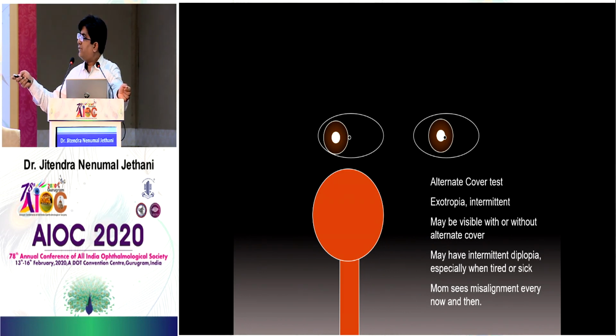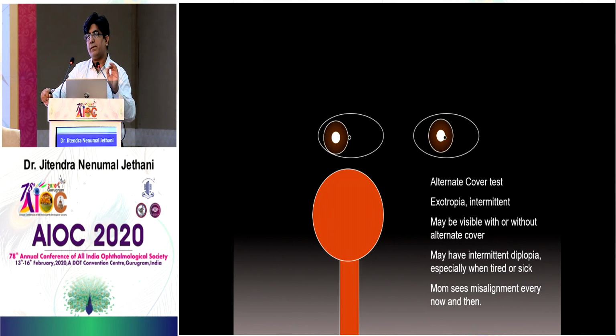The second indication of the alternate cover test is when you want to measure the deviation. Why? Because you want to find out the total amount of deviation the patient is having. Whenever you want to operate on a patient of strabismus, you want to find the maximum angle he is having.